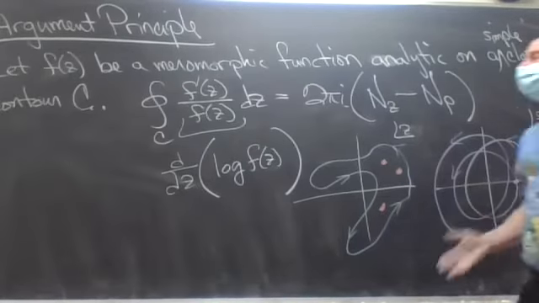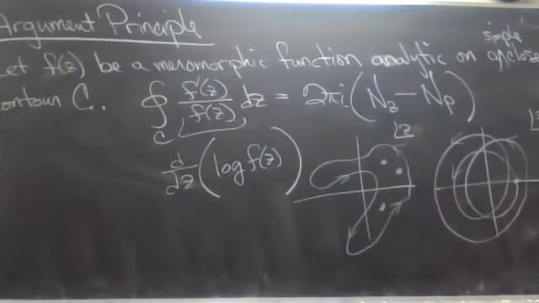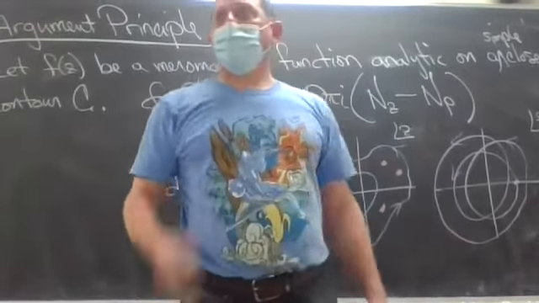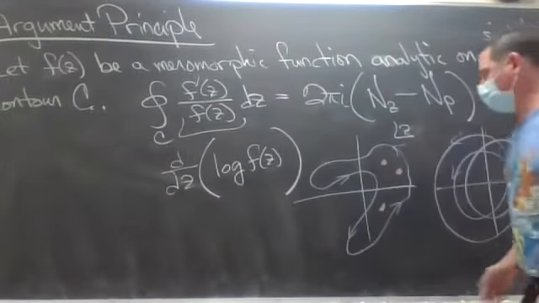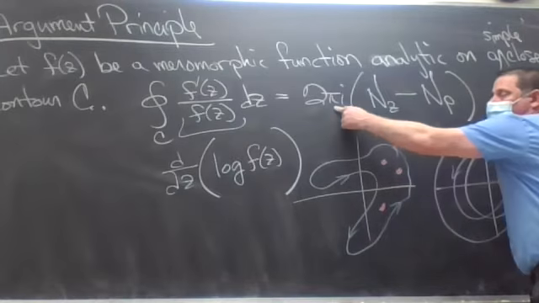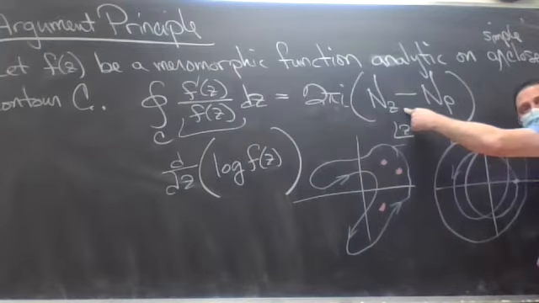Now, as I said, the function itself doesn't have any branch cuts, but the antiderivative will. And we can keep track of the argument of f of z as we go around. So let's see. 2 pi. 4 pi. 6 pi. 2 pi i times the number of zeros.